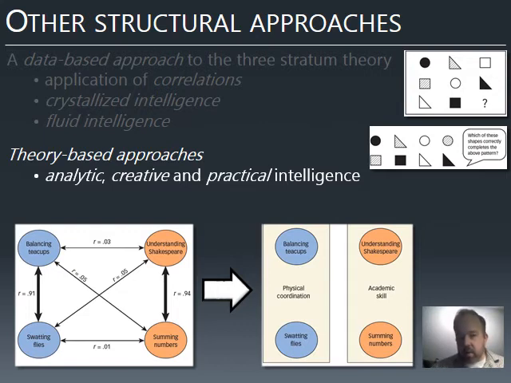Another aspect of this theory-driven approach is practical intelligence. So maybe you've defined the problem. Maybe you've got a solution. Well, now you've got to figure out a way to implement that solution. And this comes up in things like engineering problems. If you're given a set of tools, how do you actually implement the solution you want?